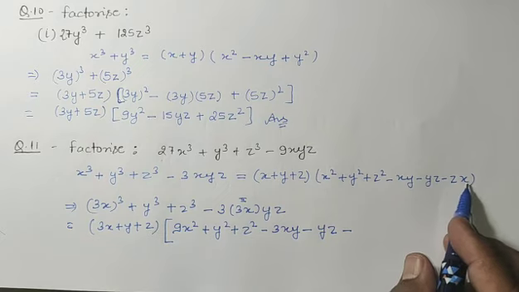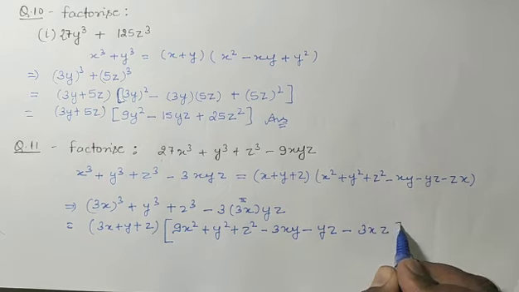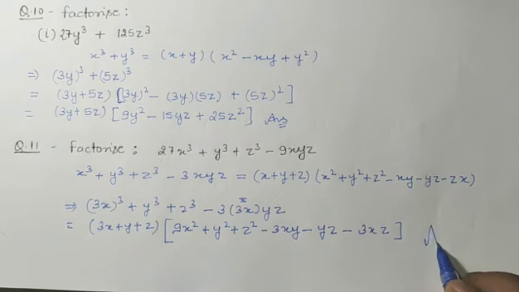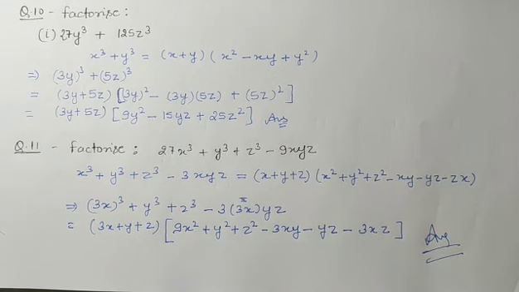At the place of x 3x is there, so it will be 3xz. So this will be your answer. Pause the video and note it down. Coming to the next question.